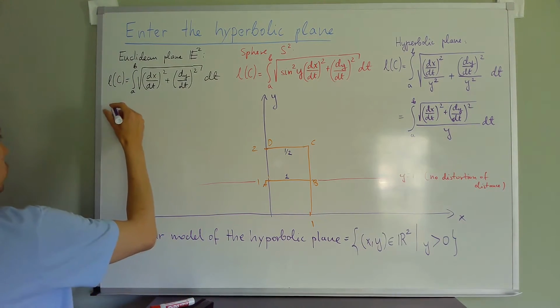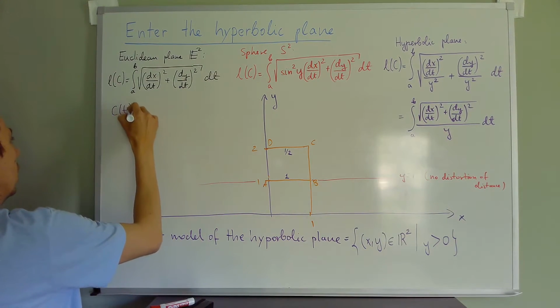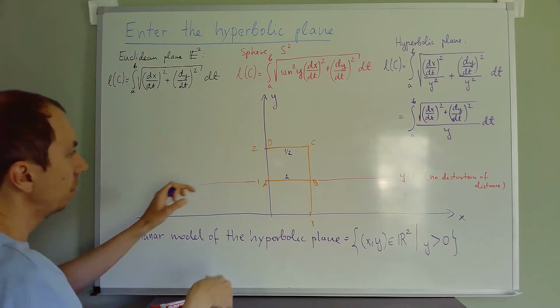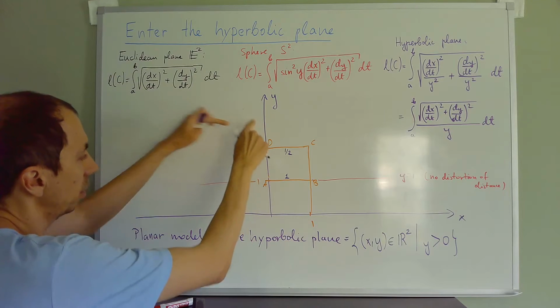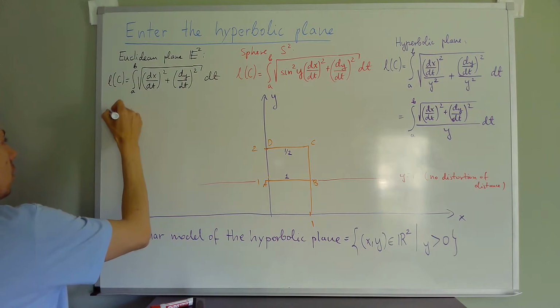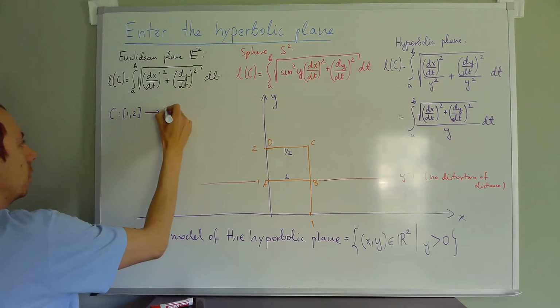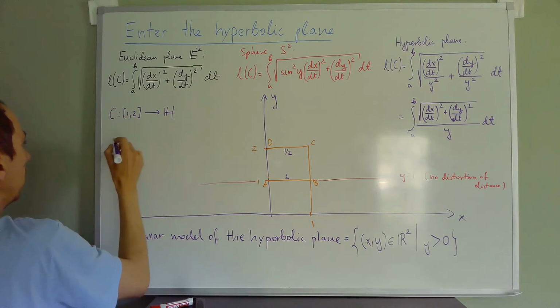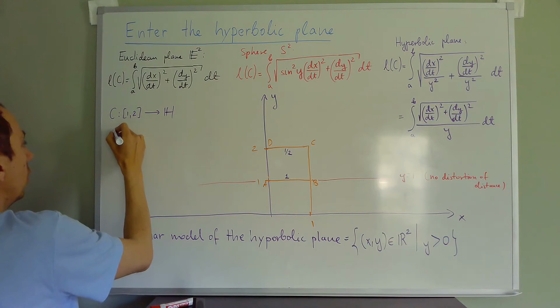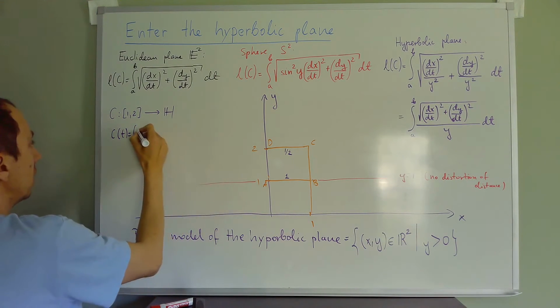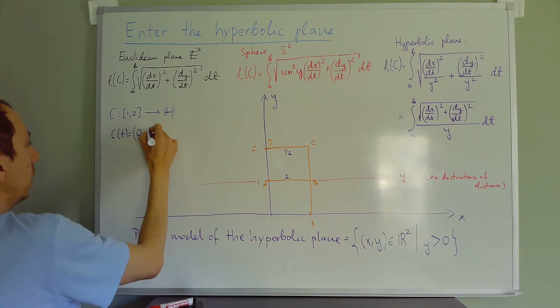But let's now parameterize a curve C of t. Again, what's the simplest thing here? If I'm going from here to here, I'm just going to go from 1 to 2, into the hyperbolic plane. So I'm going to define C of t to be, okay, so now x is 0 and y is t.